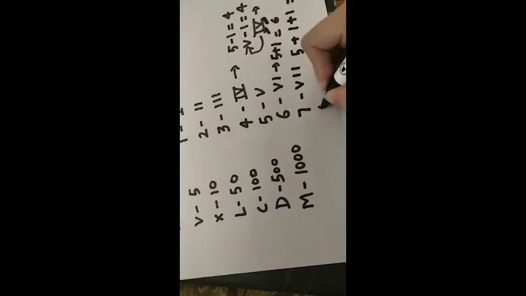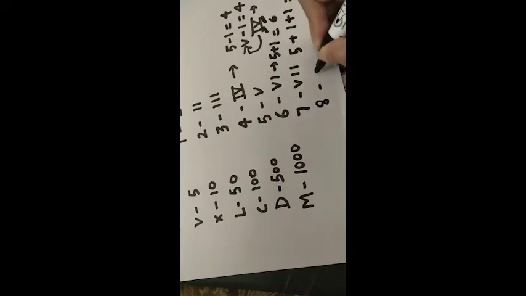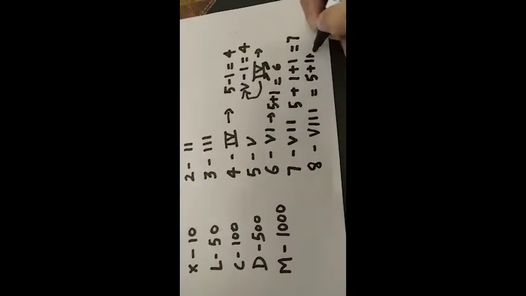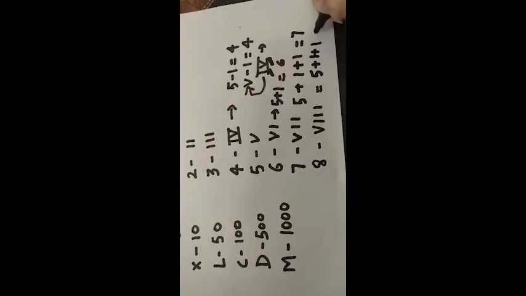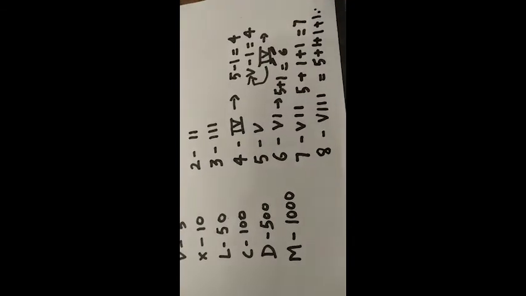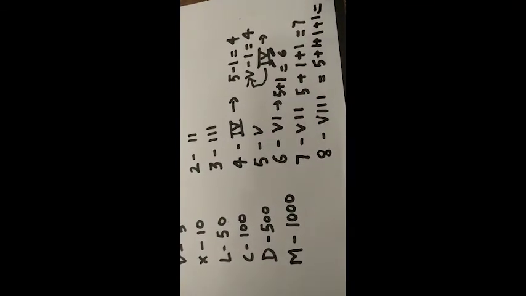Now we have 8: V I I I, that is 5 plus 1 plus 1 plus 1, that is 8.